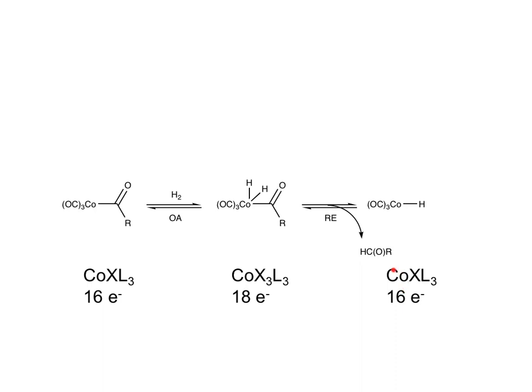Then we do a reductive elimination, giving us our aldehyde product and regenerating the cobalt L3X starting catalyst. So that is step 5, which is a little bit complicated on the previous slide. That's because there are 2 reactions drawn in one.